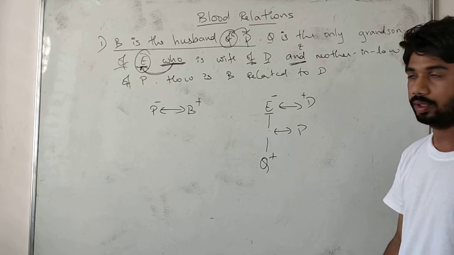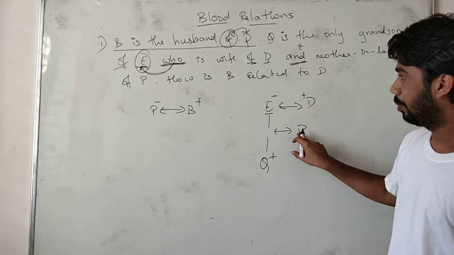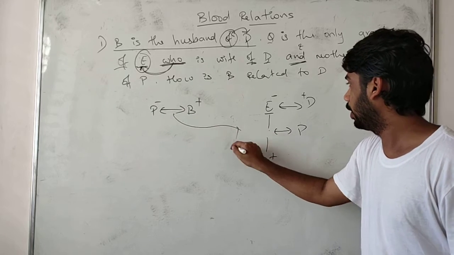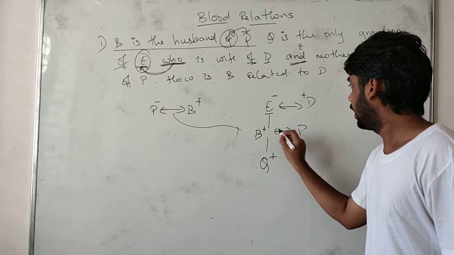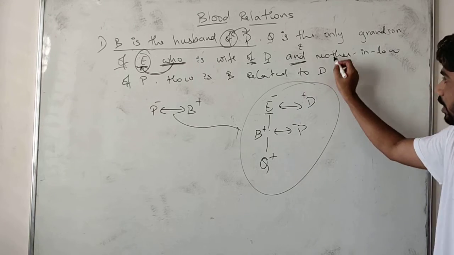P will be here. Okay, friends. E is the mother-in-law of P. Got it? Put it here, B plus, P plus. So this is the whole relationship we got from this question.